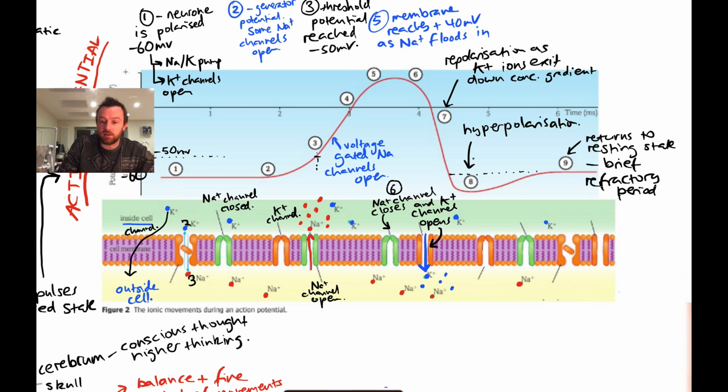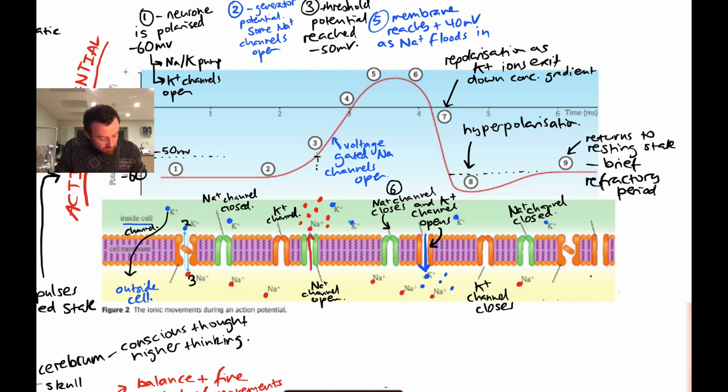So at the end, let's just label these things here. After the hyperpolarization, finally, at this point here, K plus channel closes. Remember, they were open, causing the repolarization. But the Na plus channel stays closed, because it closed over here, remember, and it's still closed over here.